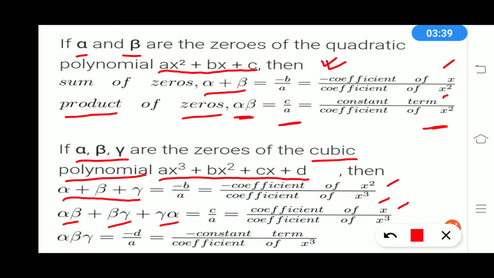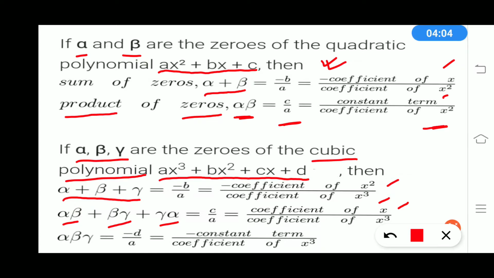So if alpha, beta and gamma are the zeros of the cubic polynomial ax cube plus bx square plus cx plus d, then the sum of the zeros, alpha plus beta plus gamma, equals minus b by a, equals minus coefficient of x square divided by coefficient of x cube.